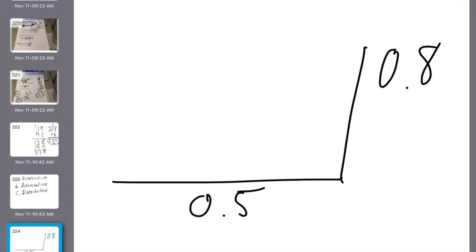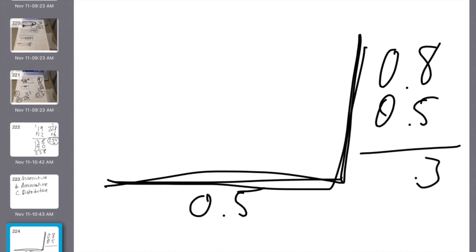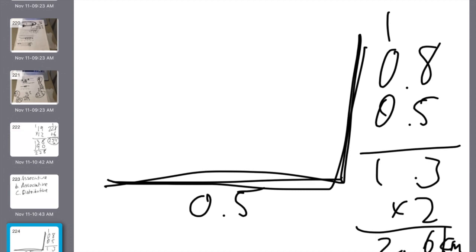Later, she rode from school to John's house to her house. How far did she travel altogether? So she went from here to here to here and right back. So this was the use of the distributive property. I am going to add first and get 1.3. And then I'm going to take that times 2 because she rode back. Gives me a 6 and a 2. She rode 2.6 kilometers.